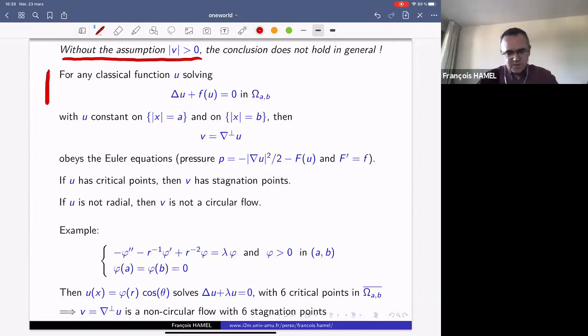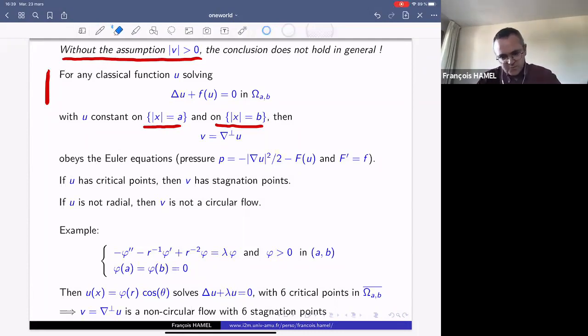Consider any classical solution U of this equation for a function f which is of class C1 or Lipschitz continuous, and assume that U is constant on both connected components of the boundary of the domain, but it may take different constants.